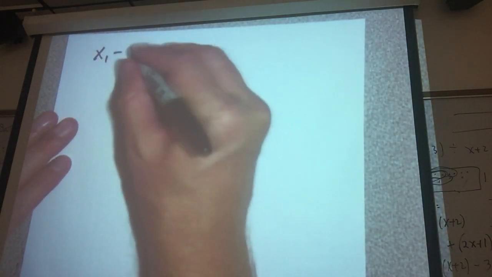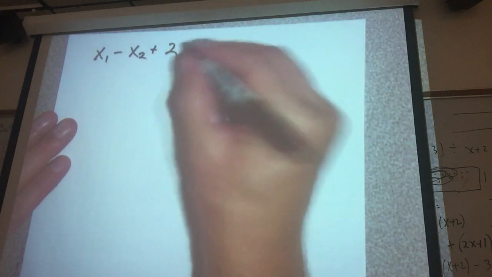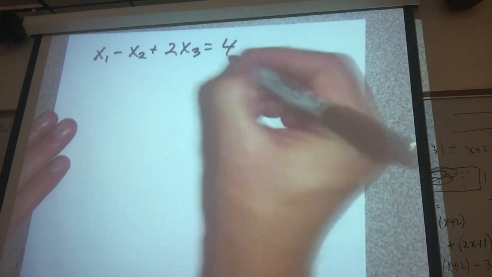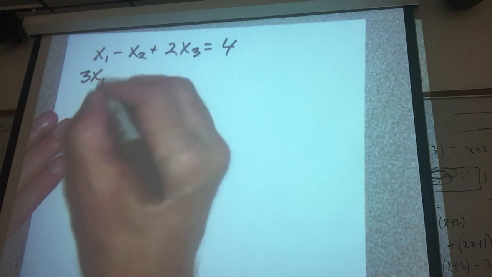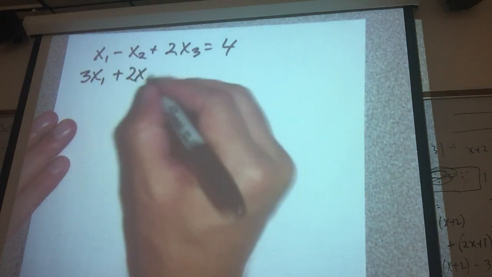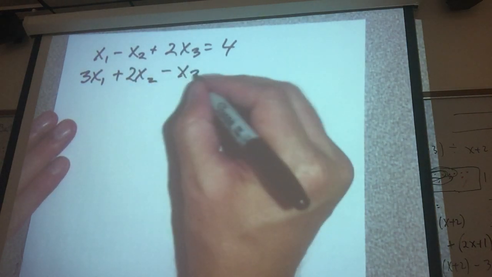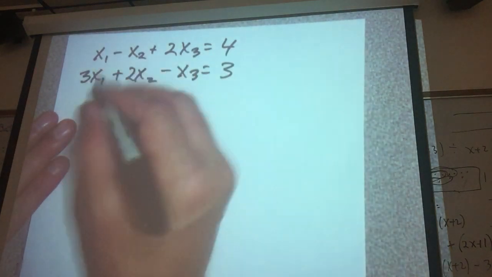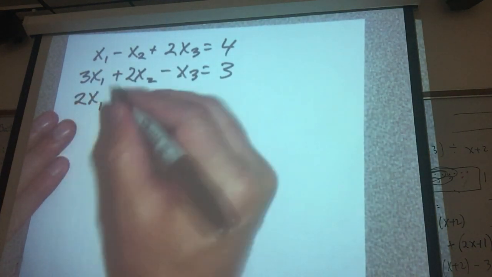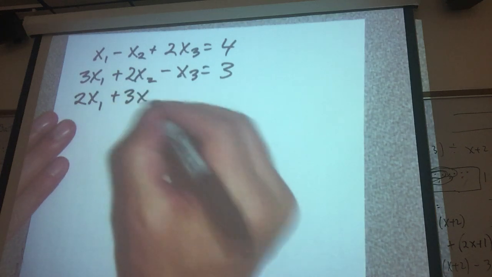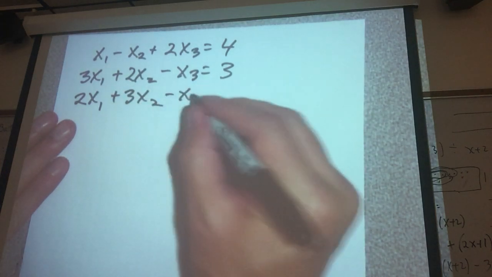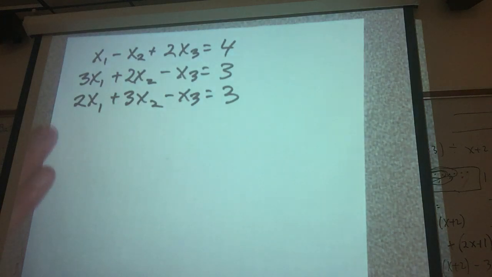Okay, so let's say we had this system. So x1 minus x2 plus 2x3 is going to equal 4, and 3x1 plus 2x2 minus x3 is going to equal 3, and 2x1 plus 3x2 now minus x3 also equals 3.